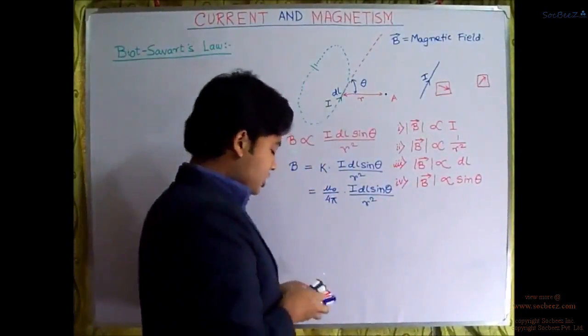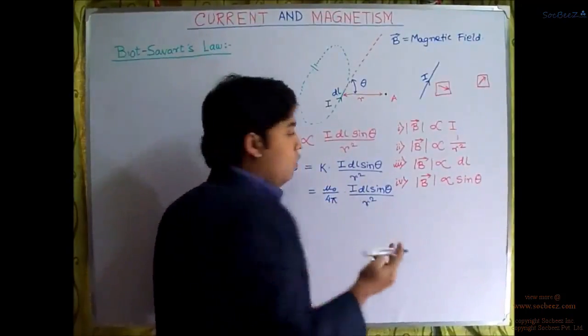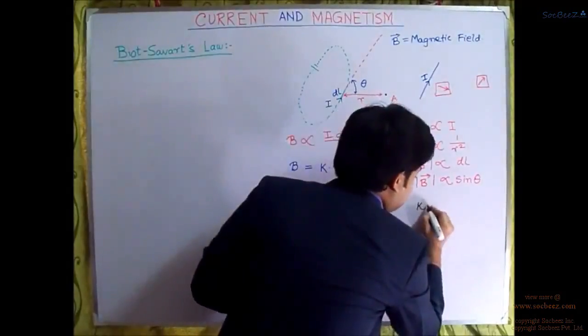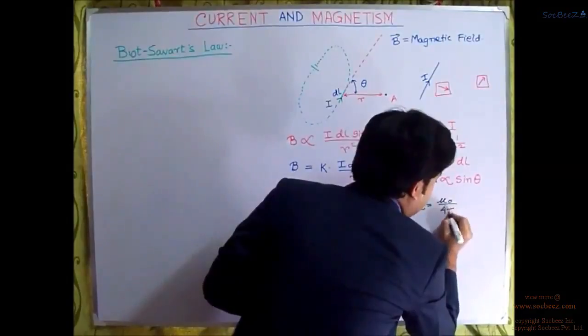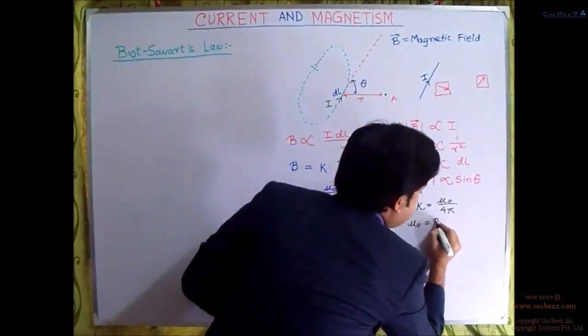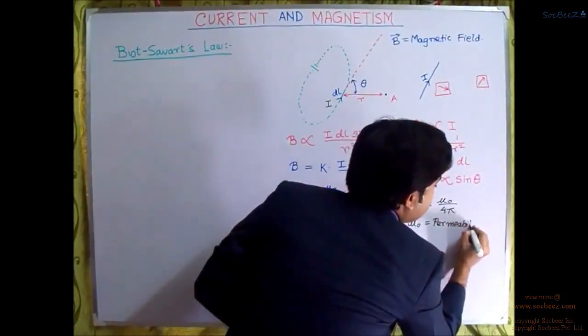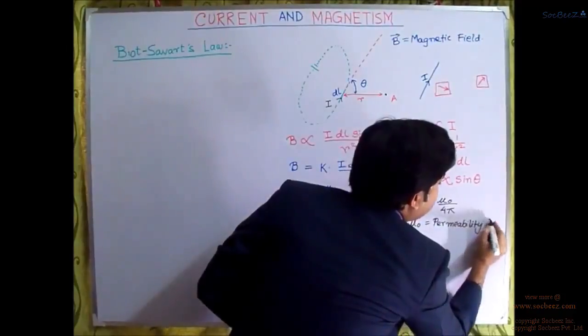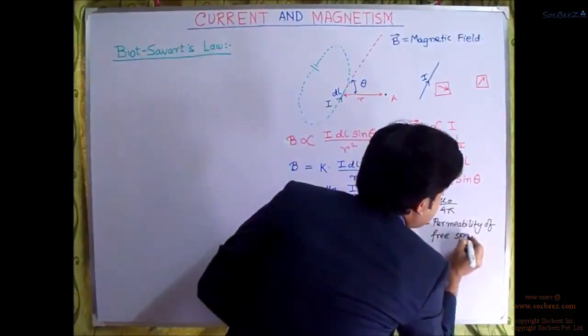So this K is equal to mu naught divided by 4 pi, where mu naught is known as the permeability of free space.